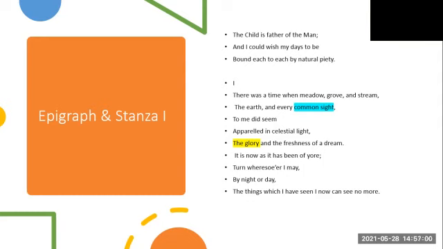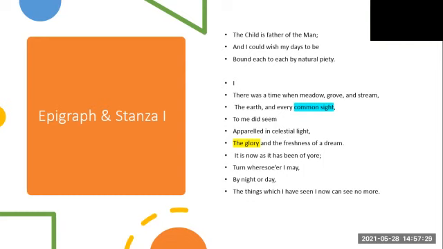So there was a time when all this nature and every common sight, and you see every common sight is highlighted, everything that was ordinary to me did seem apparelled, covered in celestial light, heavenly light, as if this scene used to make him feel the glory and the freshness of a dream.